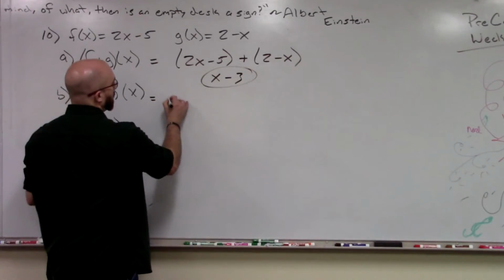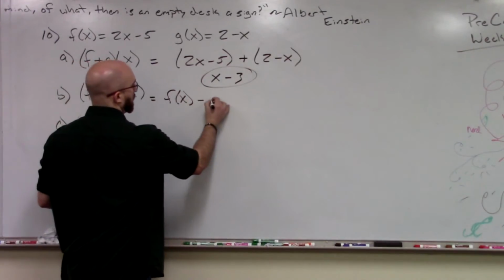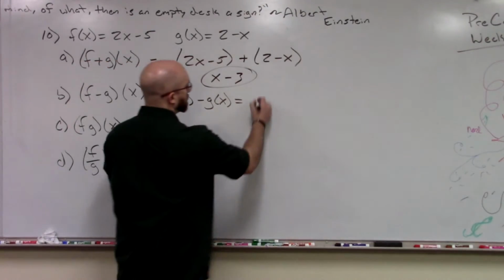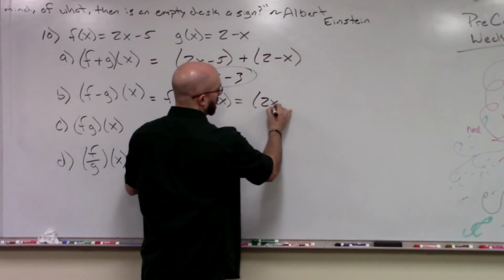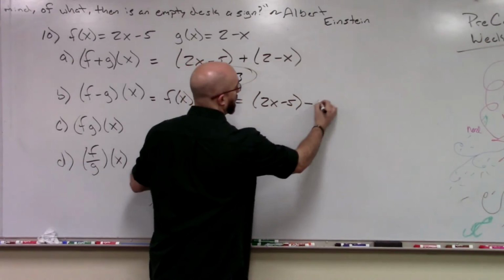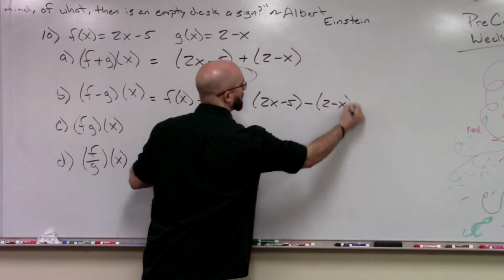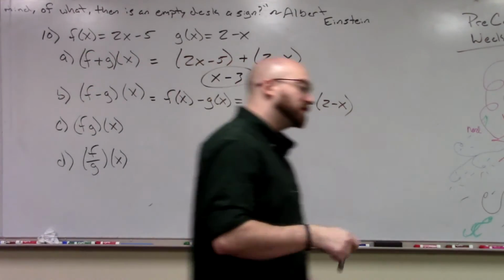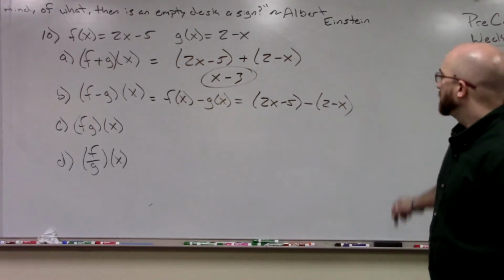This one, remember it's f of x minus g of x. So that's going to be 2x minus 5 minus 2 minus x. And this is where the parentheses come in handy. You've got to make sure you distribute the negative to the second set.